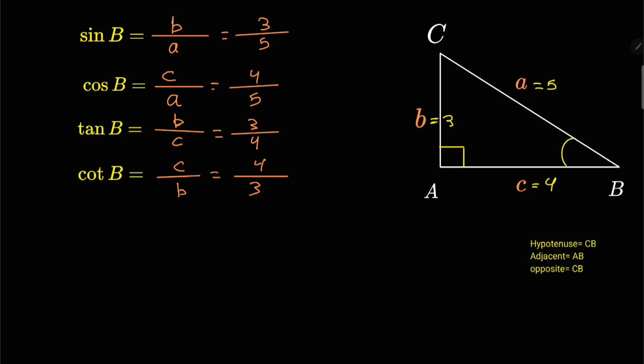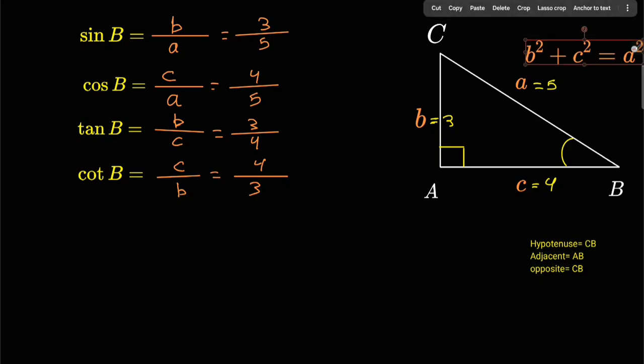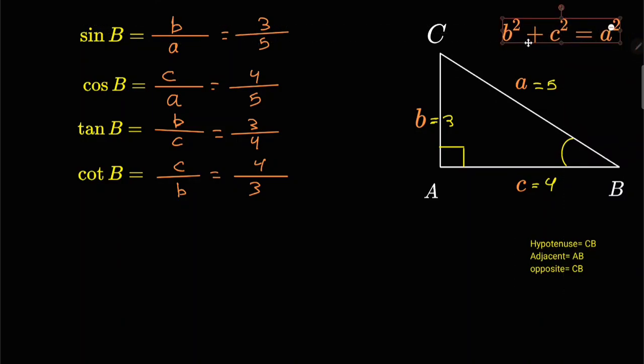And in the right triangle, the Pythagoras theorem is always applied, which is b squared plus c squared equals a squared.